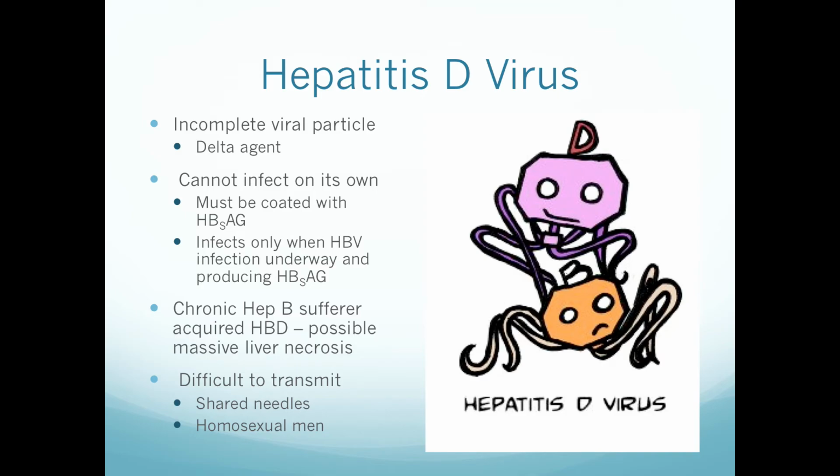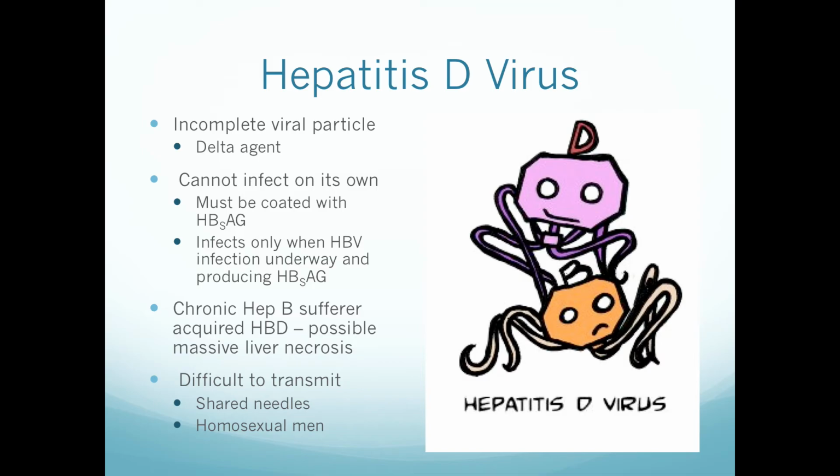Otherwise, it won't infect cells because it doesn't have the ability to do so. You see this most commonly among people who are sharing needles or who are having sexual intercourse that is involving blood sharing and more tearing. Homosexual male intercourse is more likely to involve blood-to-blood transmission.